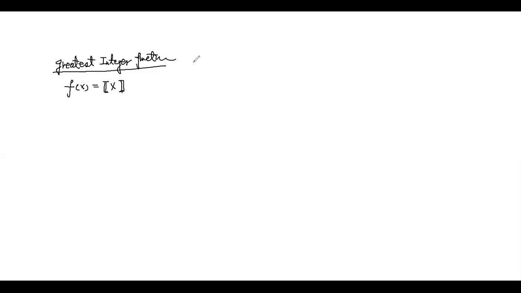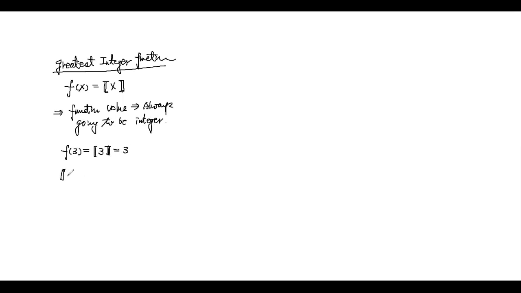What that means is that whatever the function value is, it is always going to be an integer. For example, if I say f of 3, this is 3, so it's already an integer and comes out as 3.